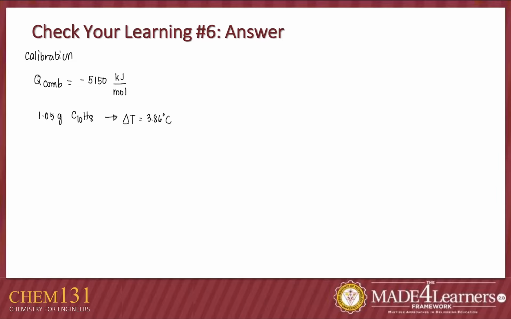In the next part, the actual problem, it is coal. Now, the mass of the coal given is 1.83 grams. Upon burning this coal in the same calorimeter, the temperature rise is observed to be 4.9 degrees Celsius. And we are looking for the energy density.